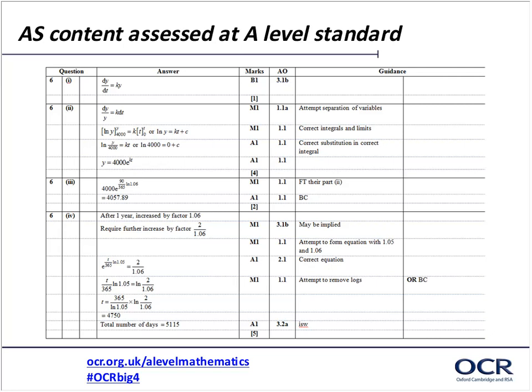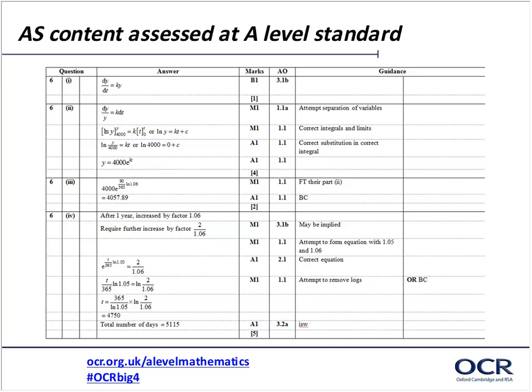And here's the mark scheme for that question. And you can see in the mark scheme we've got indication of the marks, B marks and E marks for explanation and statements, M marks for methods, A marks for accuracy, and where that has been allocated to the assessment objectives.